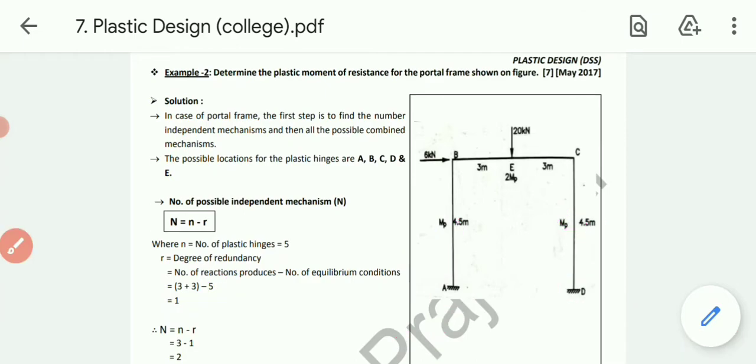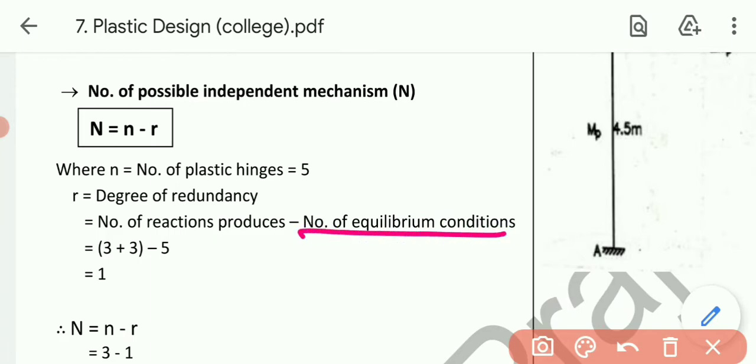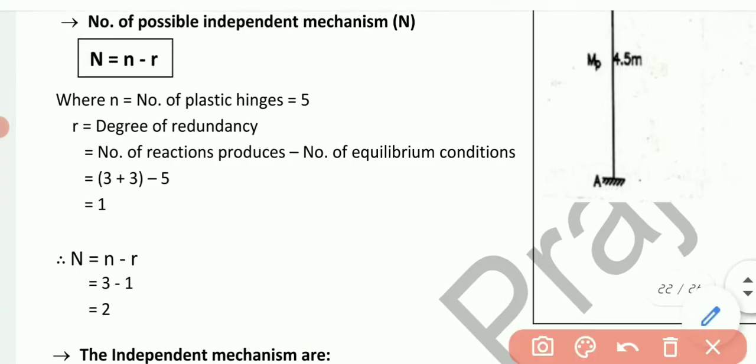Just a minute, let me zoom in. Over here one printing mistake is there. 3 plus 3 minus the number of equilibrium conditions, that is 3. So total 6 minus 3, our answer will be 3. So small r's value will be 3. Then capital N is small n minus r.